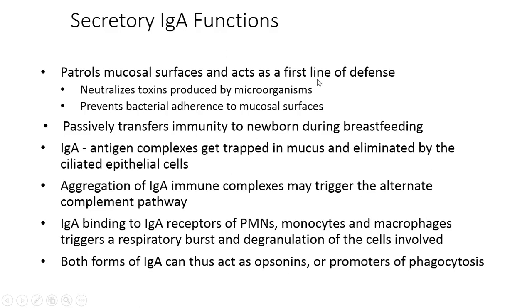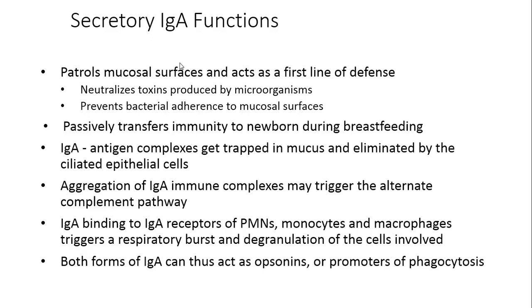Remember what we said, it's able to neutralize toxins that are produced by bacteria, and that secretory component keeps the IgA from being affected by this. It also prevents bacteria from adhering to the mucosa. So that's one of the first lines of defense, just being able to keep that pathogen out, right? Viruses as well. I said bacteria here, but it really is pathogens. We could think of viruses, for example, as not being able to attach to the cell walls of MALT there.